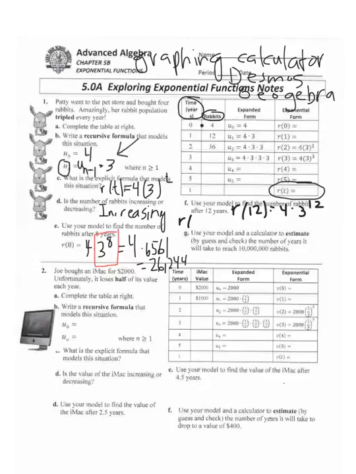Which will give us R of 12 equals 4 times 3 to the 12th. 3 to the 12th is 531,441. And that will equal 2,125,764.